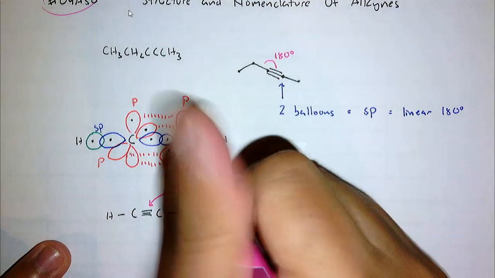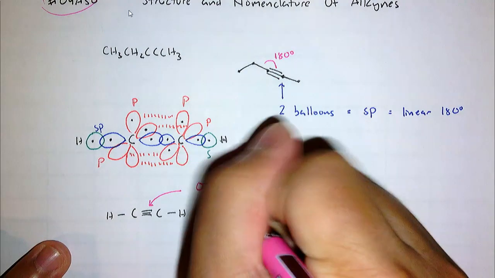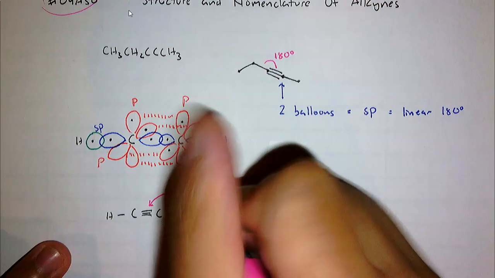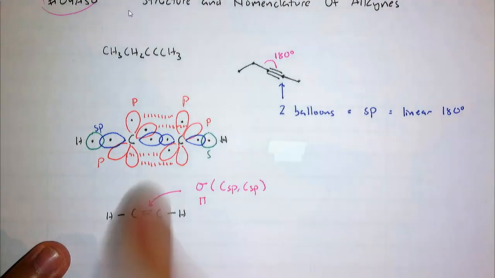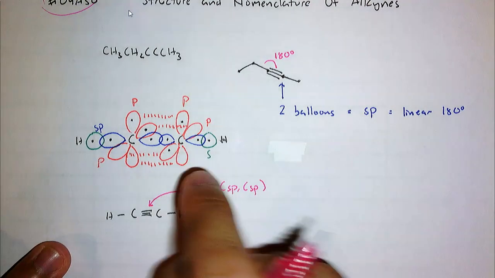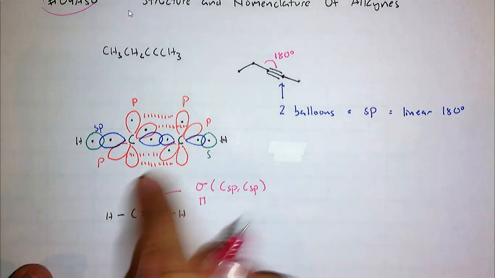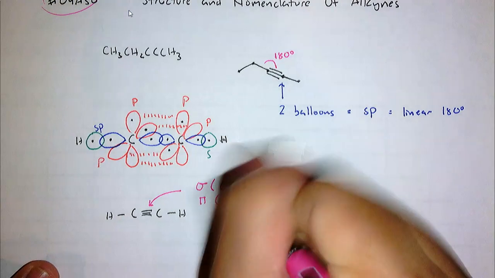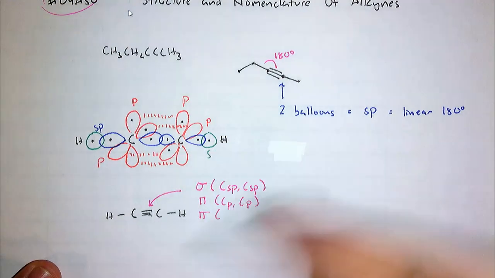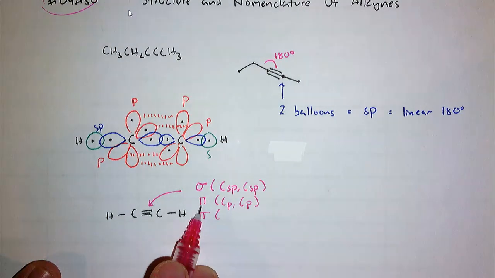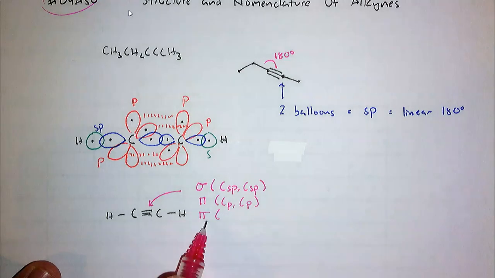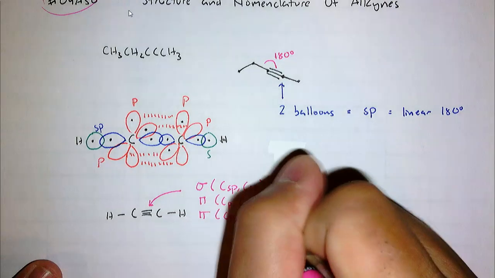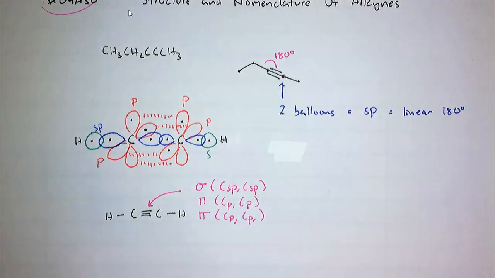You have a sigma bond between a carbon sp and a carbon sp, and you have 2 pi bonds. The pi bonds are made by, for the vast majority of cases, 2 p orbitals overlapping. So you have Cp, Cp, and another pi bond. We could call this the vertical pi bond, and this one is the one towards us and away from us. And it's also between 2 p orbitals.